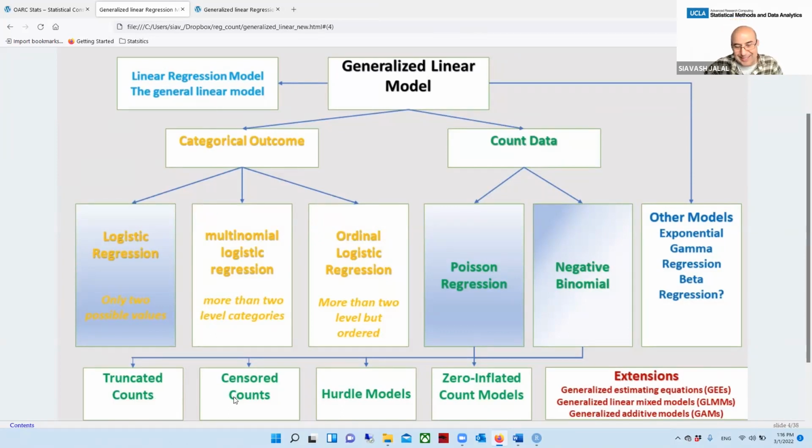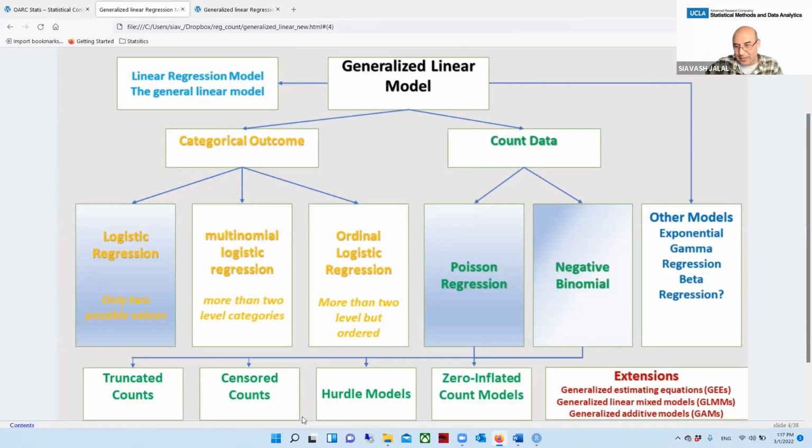Censored counts is when you observe predictors, but the outcome is censored. We are not going over these models. I just defined them here. And the mathematics of these models is a little complicated. They are usually called some kind of mixture count models.